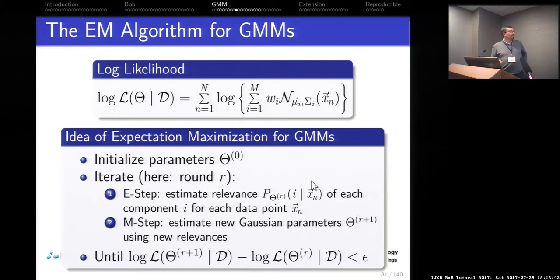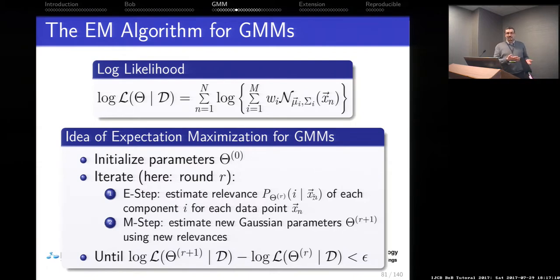And for a Gaussian mixture model, in the E step, you compute the relevance of each sample in your training set to each component of your GMM. So how much does this sample influence the current Gaussian inside the GMM?